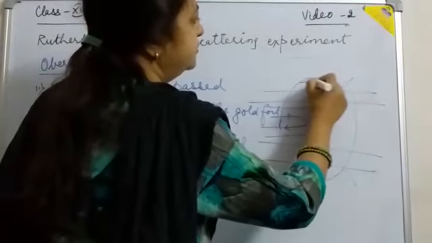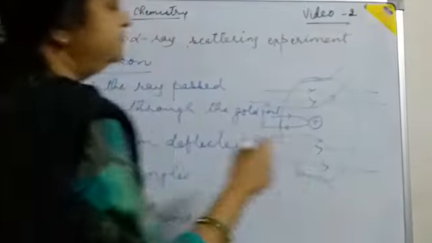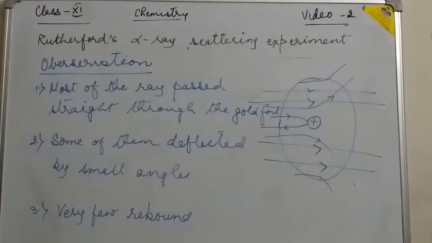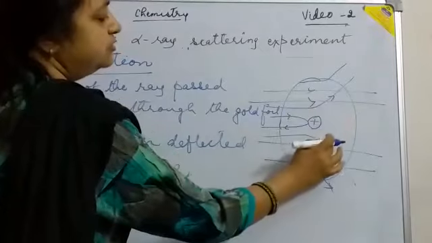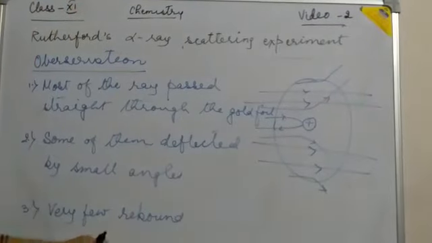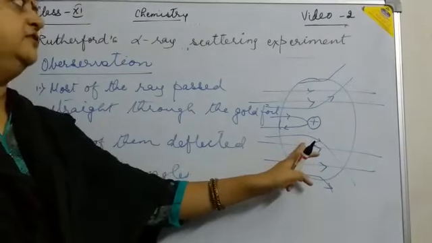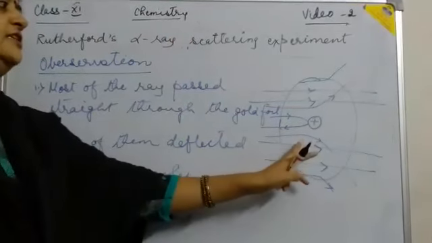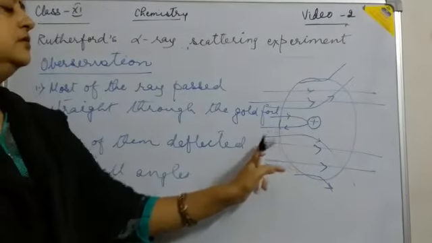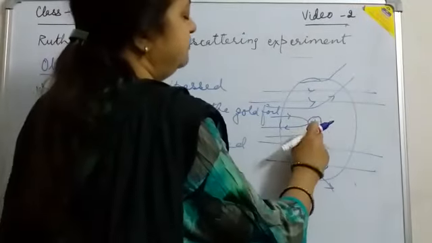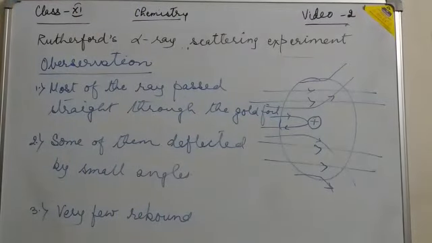As we know that alpha ray is a positively charged ray, so when a positively charged ray comes near the positive nucleus, it is deflected by small angles.